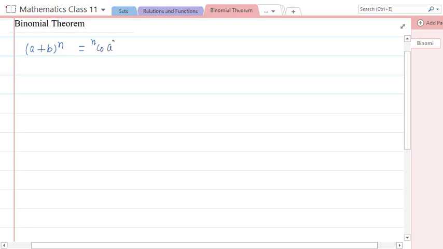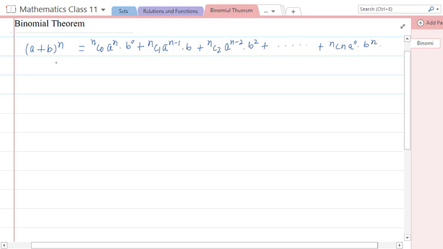nC0 a to the power n into b to the power 0, plus nC1 a to the power n minus 1 into b, plus nC2 a to the power n minus 2 into b square, plus dot dot dot, plus nCn a to the power 0 into b to the power n.